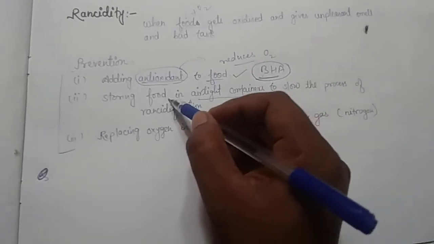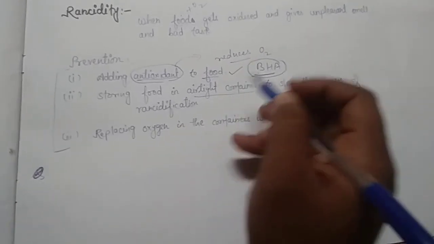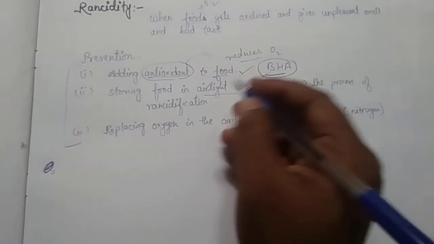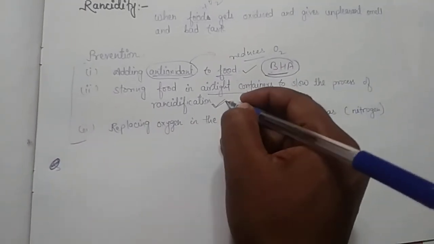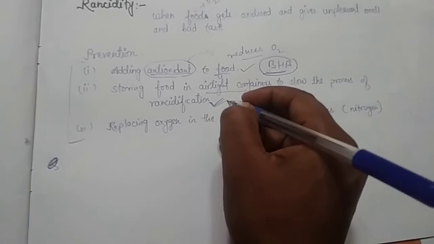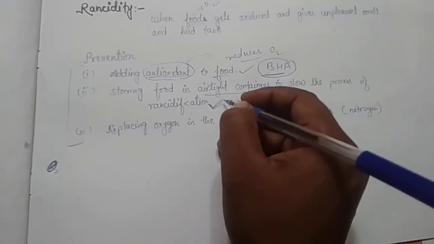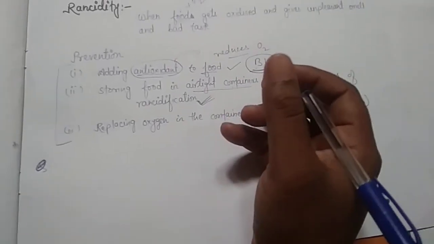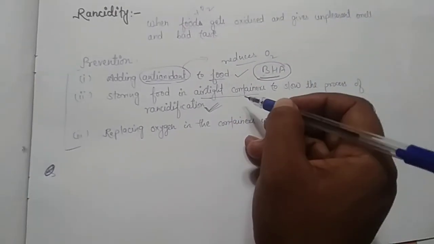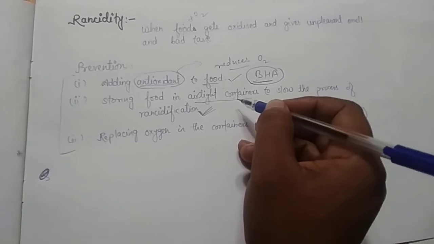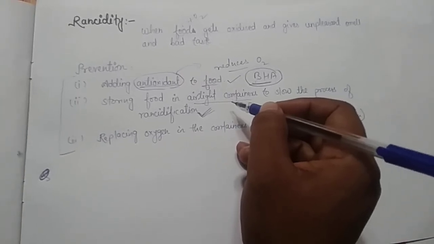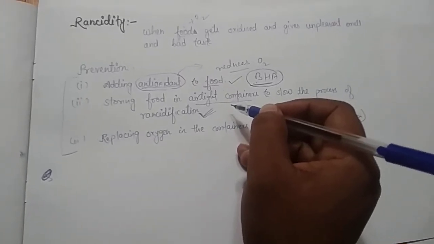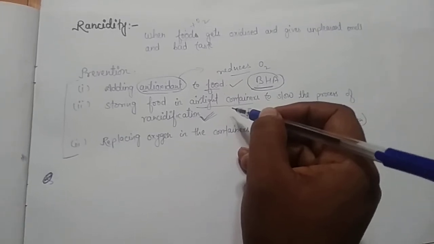That is why some food materials are packed in airtight containers. We can also keep our food material in the refrigerator, because there is less oxygen there. That is why it will be safe.